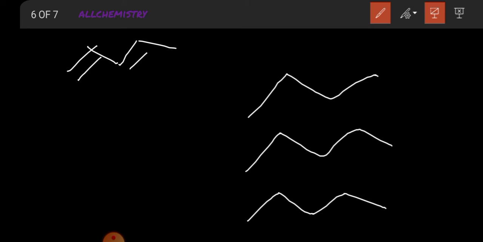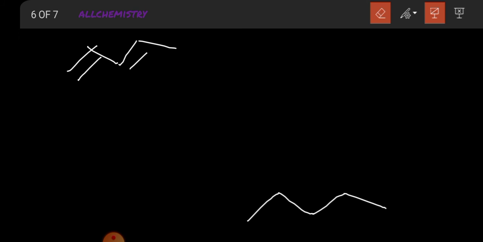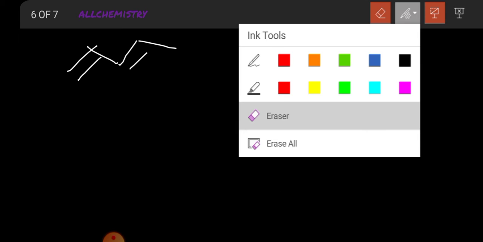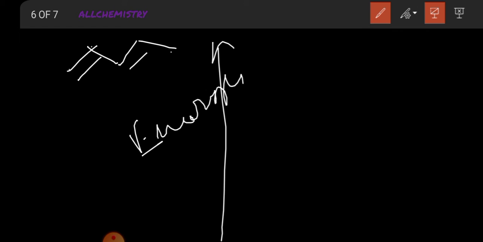Now remember one thing: whenever you are drawing an MO diagram, don't forget to give the energy axis on the left side.